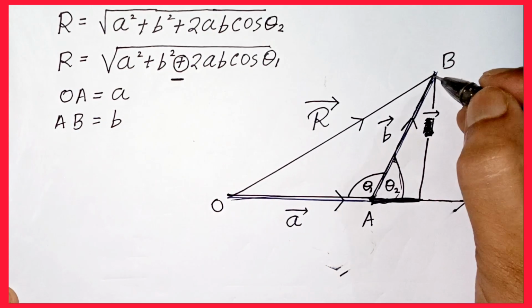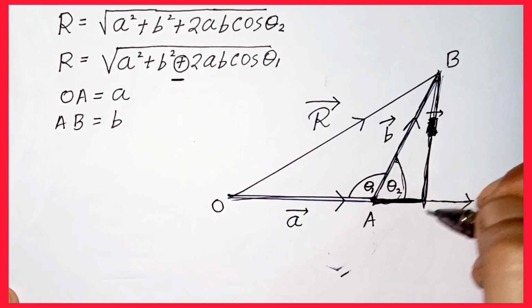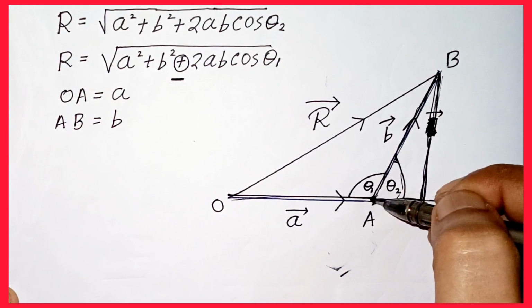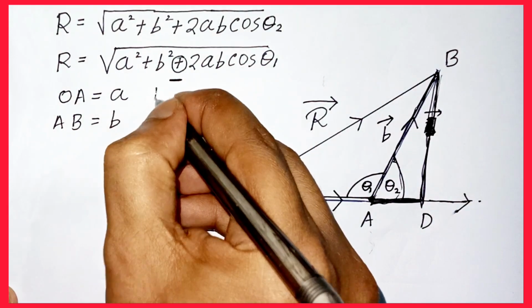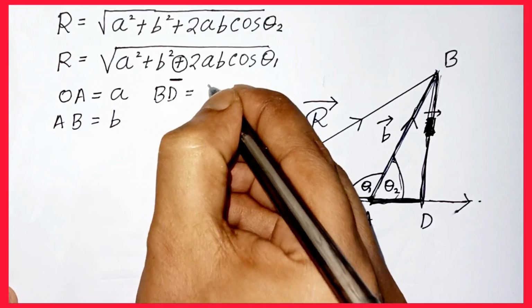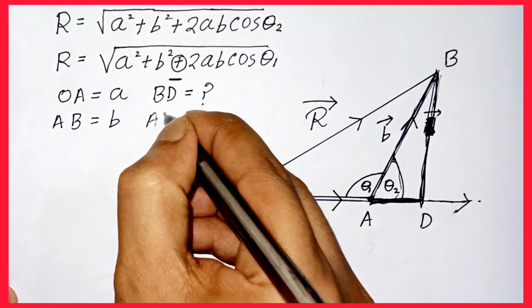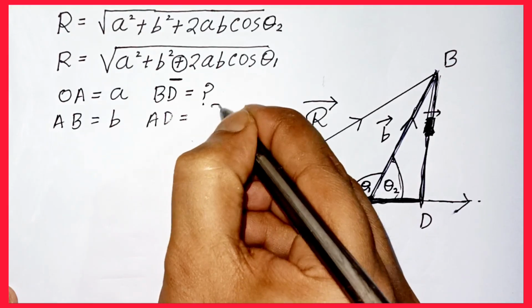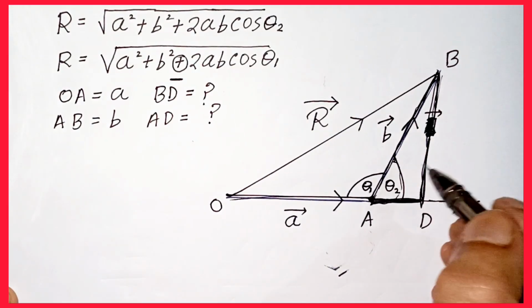Let the intersecting point be D. Now the question is, if I ask you what is the length of BD and what is the length of AD, can you find it? If you can find it, then drop your comment in my YouTube section.